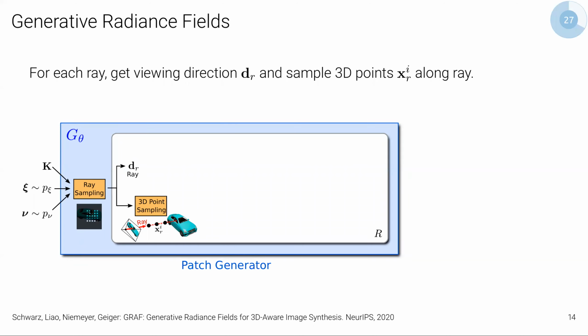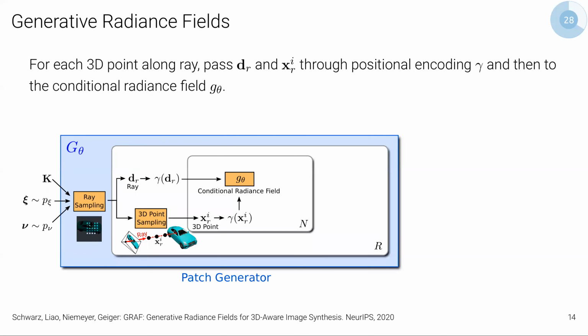Then next, for each of these pixel rays, you get a viewing direction d_r, and you sample points along this ray that you shoot from the camera through this pixel. And now for each point, you pass the viewing direction d_r and the sampled 3D location through a positional encoding and give this to the radiance field.